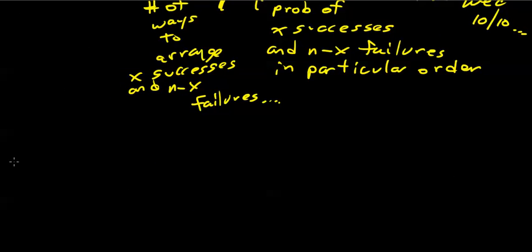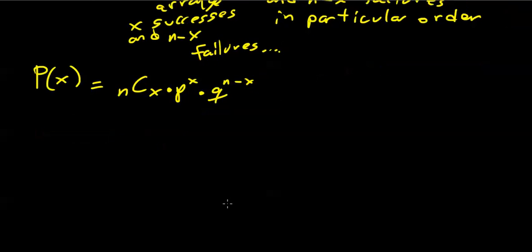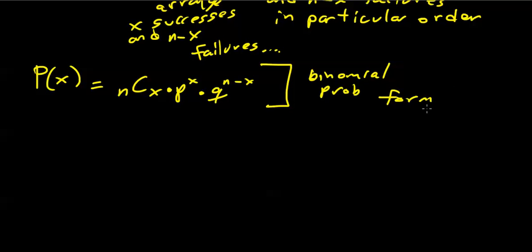Alright, let me write down that formula again because I'm going to show you how to find it on the calculator. N choose x times p to the x times q to the n minus x. These are products here, implied products, so I'll make them explicit. This is the binomial probability formula. Okay?